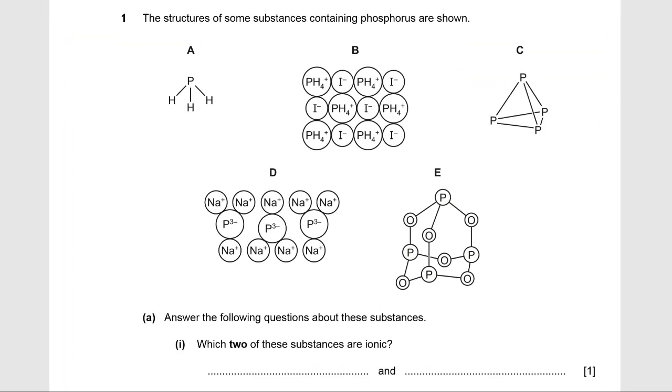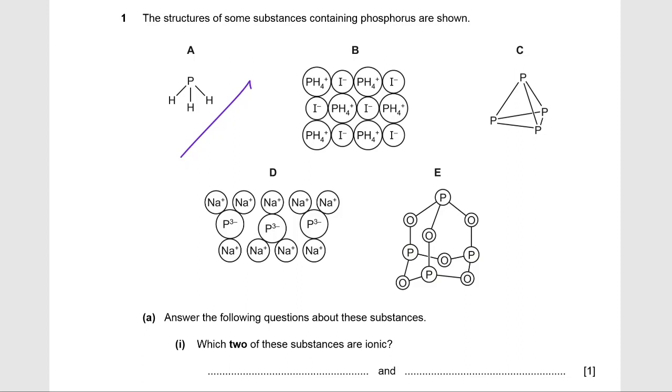This question is totally similar to the previous one, but we have different compounds. The structures of some substances containing phosphorus are shown. This one is called phosphine.